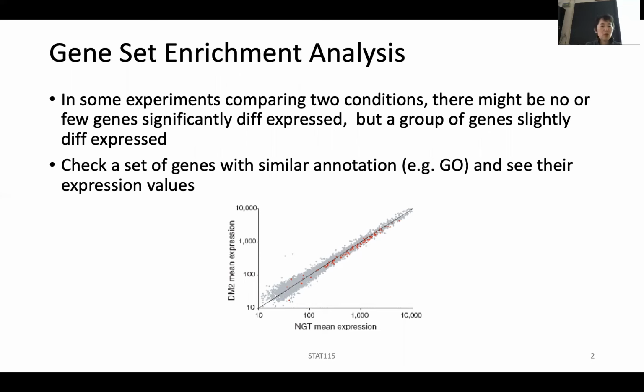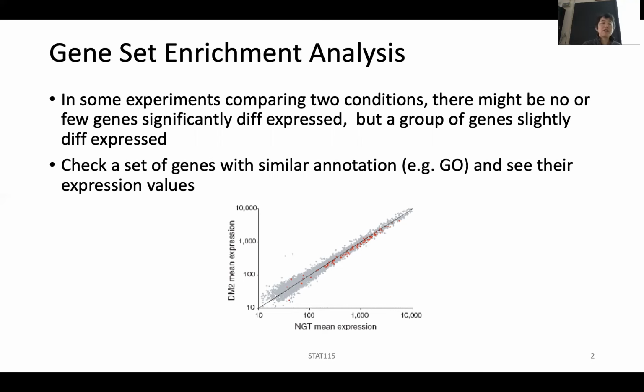However, if you look at the genes that are annotated to have the same gene ontology, biological function, or are annotated to be in the same molecular complex, or have the same pathway, you might see, in this case, these genes that are annotated as sharing one particular gene ontology category are colored red.